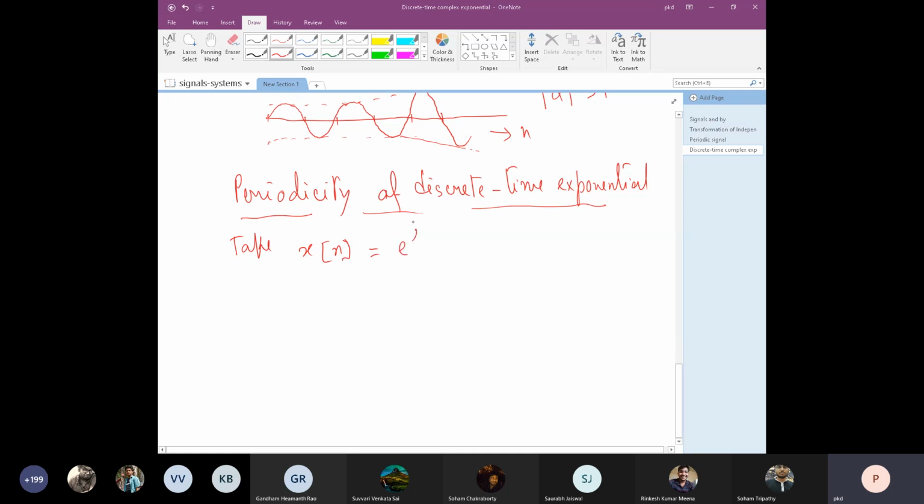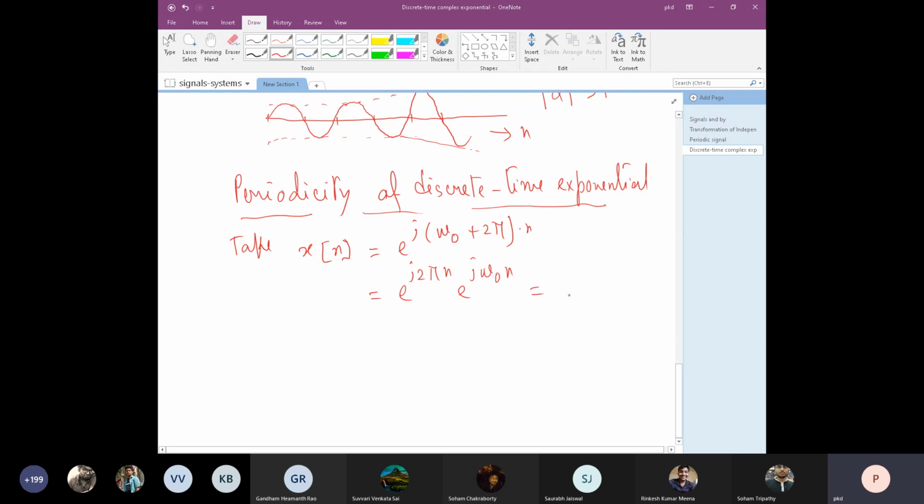equal to exponential of j omega naught plus twice pi into n, then it becomes exponential of j twice pi n into exponential of j omega naught n.